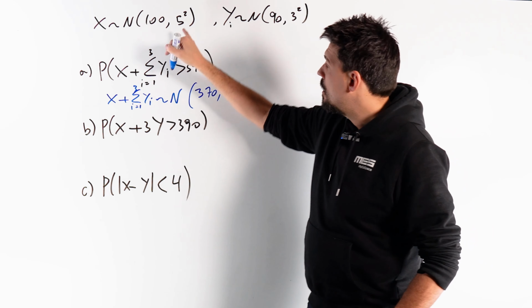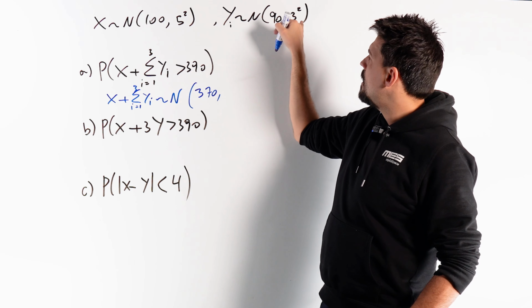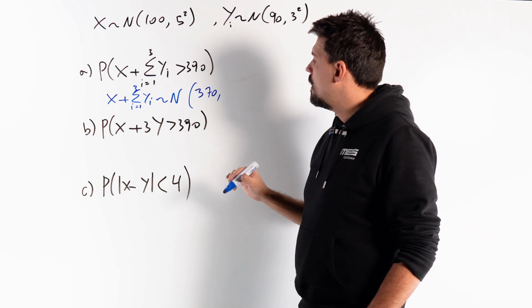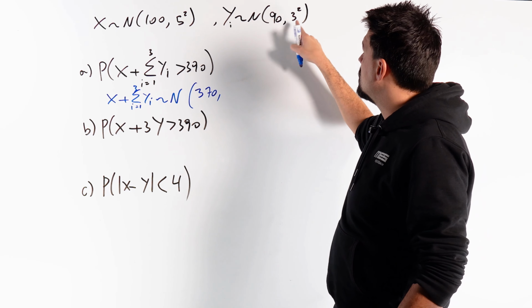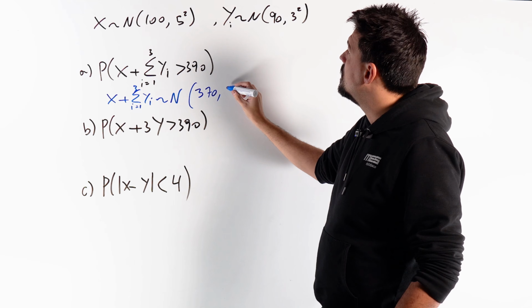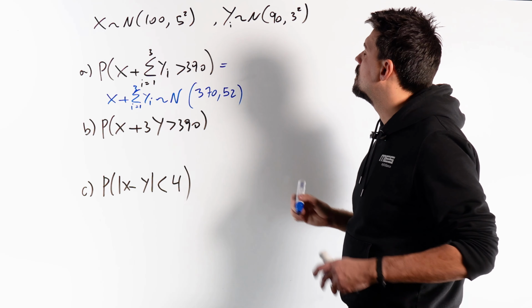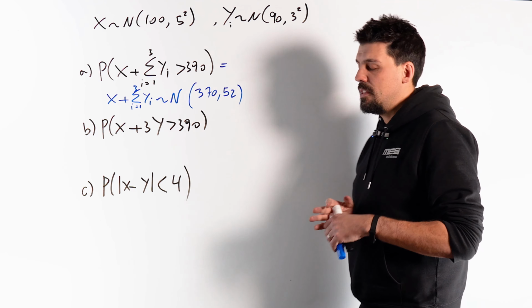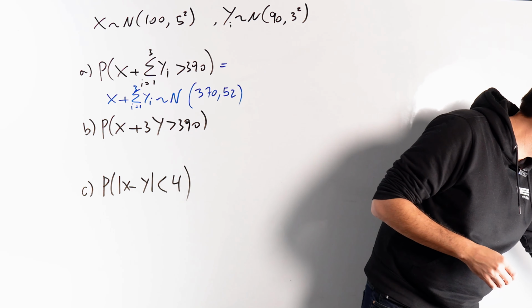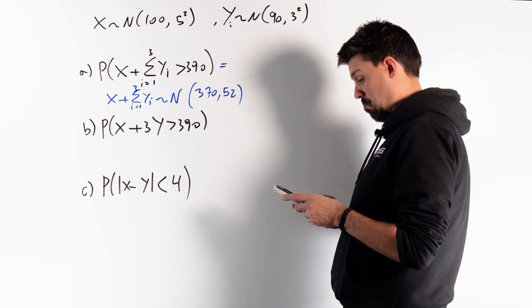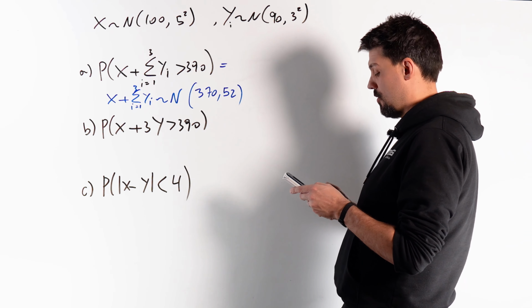We add them. So we're going to add the variance of 25, add the variance of 9, add the variance of 9, add the variance of 9. So 25 plus 9 plus 9 plus 9 is 52. Is that right? 25 plus 3 times 9, I do believe so. I'm not checking that on my calculator.